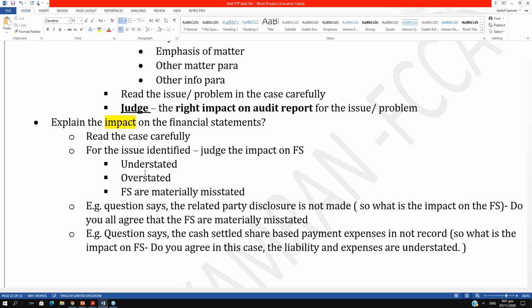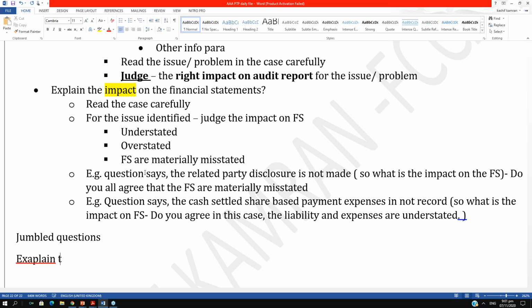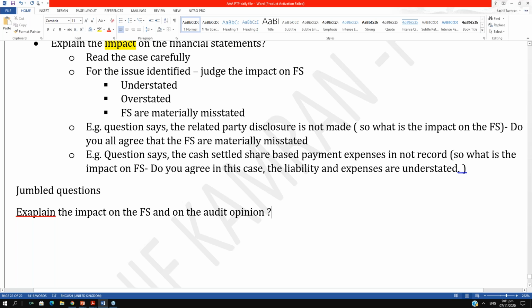Yes. And the question can come jumbled up as well. We have seen jumbled questions. A same question asks you to explain the impact on the financial statement and on the audit opinion. If you know individual parameters, will you be able to solve the jumbled questions?